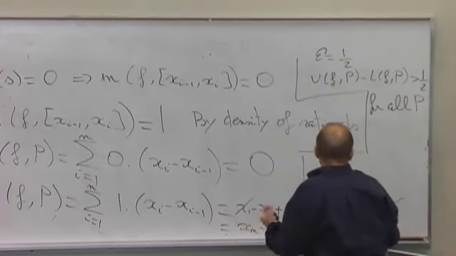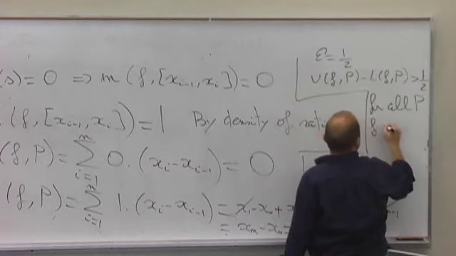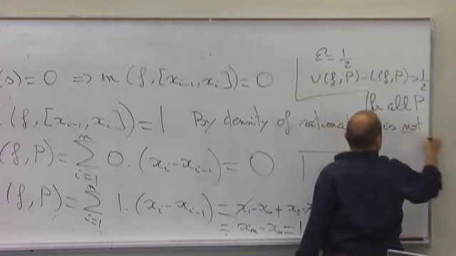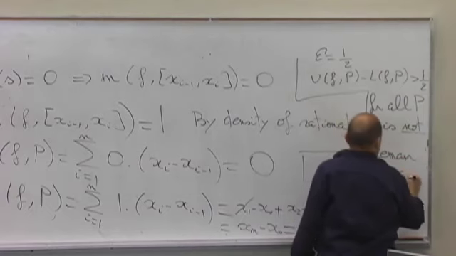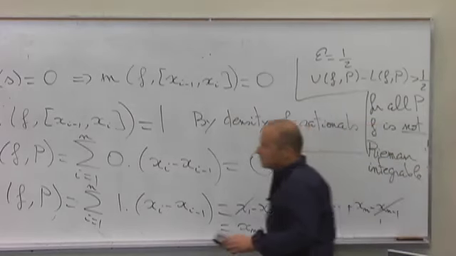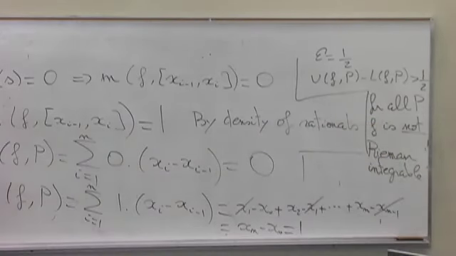Therefore, your function is not Riemann integrable. Okay, did you follow that? So every time you cannot get your Darboux sums as close as you want together, your function is not going to be Riemann integrable.